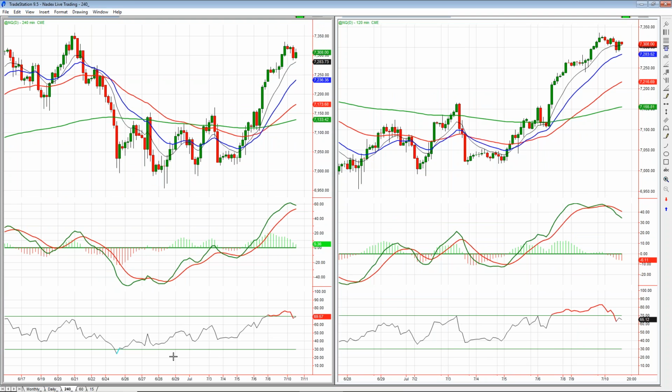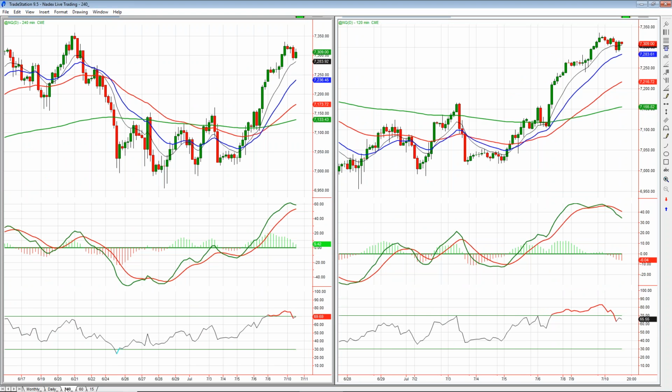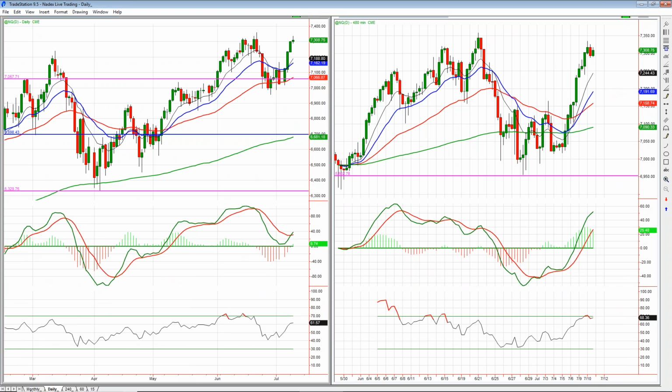If we break above there, more than likely everything's trending higher on some of these, except on the 60-minute chart, just like on the S&P 500, we're starting to get some lower highs. And so if we break up to another higher high and we get another lower high on these charts, more than likely that's going to be a deeper pullback again on the 240 and the 120, very similar to the S&P.